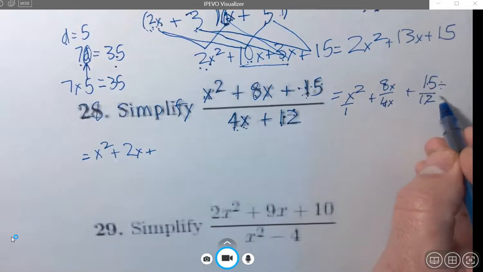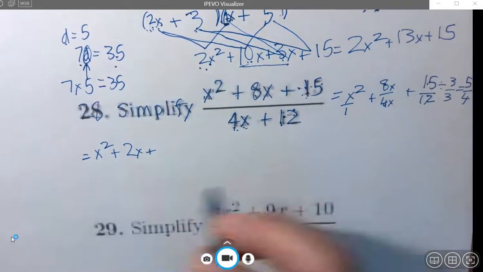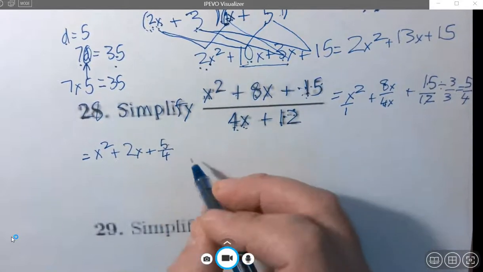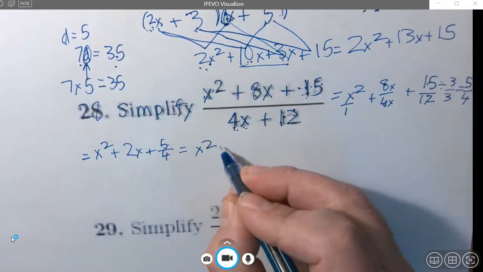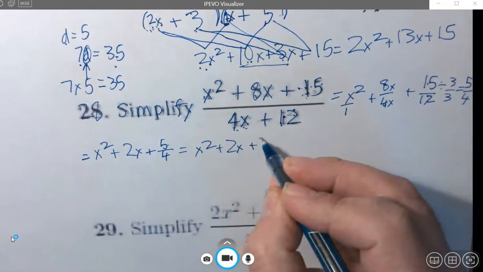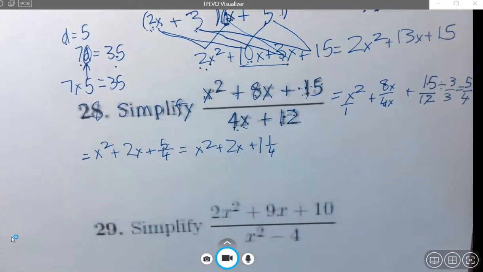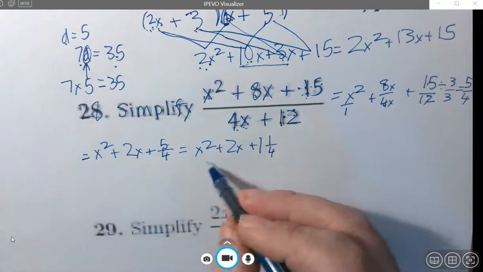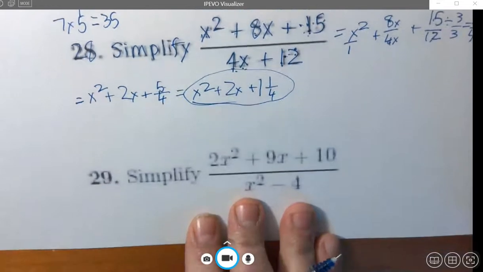If I divide 3 top and bottom, I get 5/4 now. 5/4 is an improper fraction. I could say now, we're almost there, x squared plus 2x plus 1 and 1/4, because 4/4 is 1 whole and there's one more fourth, so there's our expression. We've simplified it to its most basic expression. Okay? Let's look at this one at the bottom.